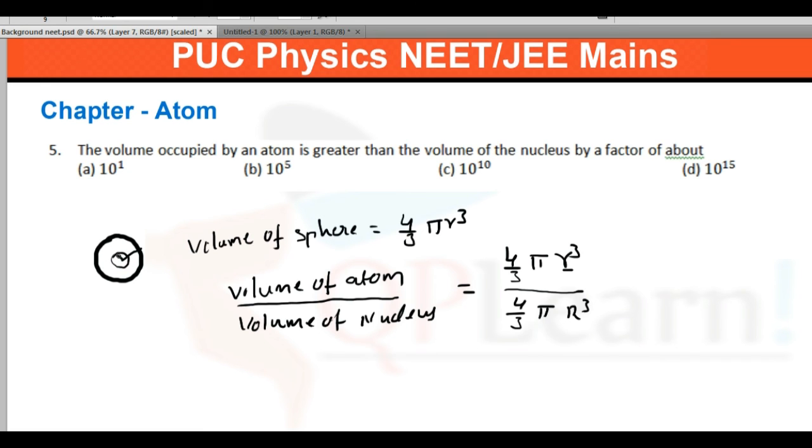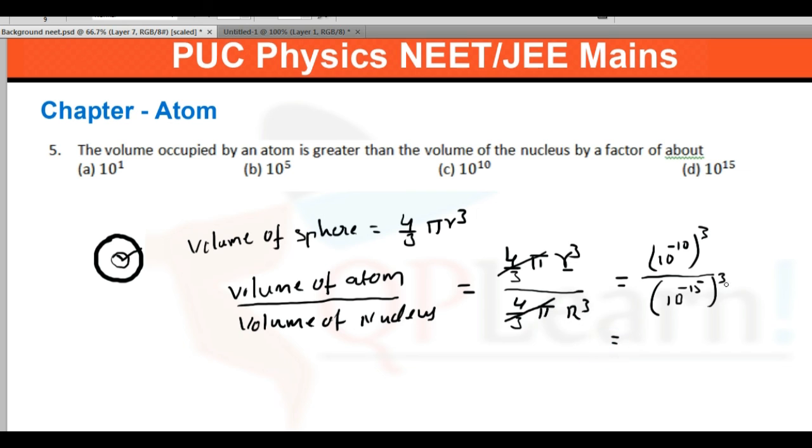So 4 by 3 pi and 4 by 3 pi cancel. Already we know the approximate radius of the atom is 10 to the power of minus 10, whole cube, divided by the radius of the nucleus, the standard 10 to the power of minus 15, whole cube.